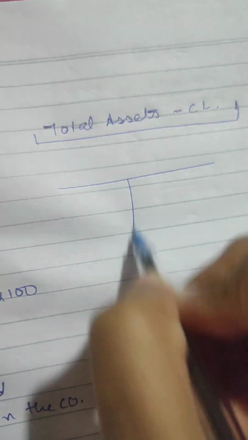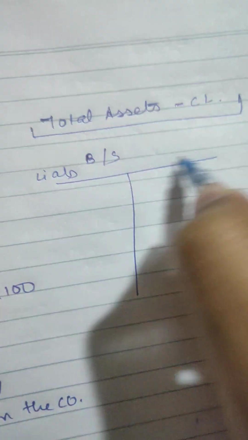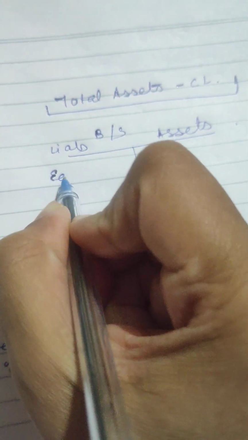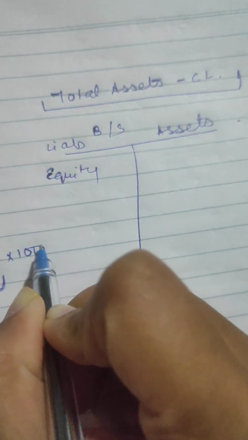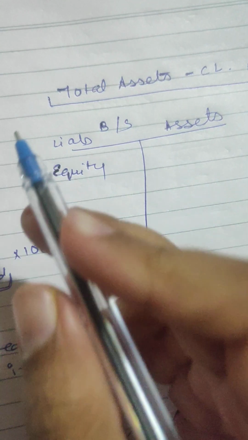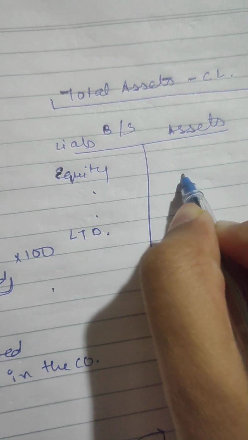So let's make a format of the balance sheet. This is the liability side and this is the assets side. Now what we have understood, the first formula is equity plus long term debts is equal to capital employed in the company. Why? Because they both generate us assets.